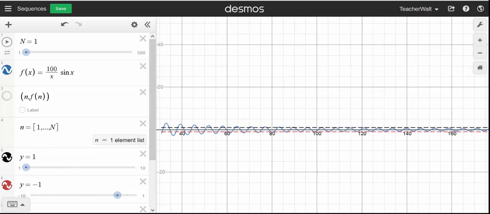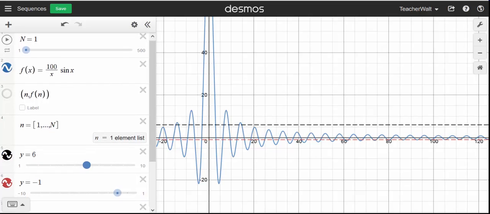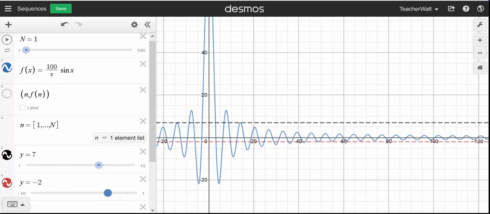Now you might say, that's not a sequence. So we've got here something that's not a sequence. Well, let's go back and I'll move my epsilons back to 7.